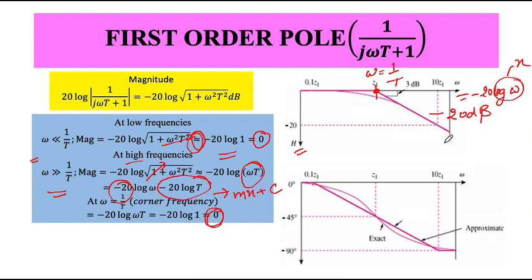I start at low frequency at 0 dB, and I continue at the higher frequency range, going down at minus 20 dB per decade. The plot can be approximated by two lines: one is this asymptote and the second is this asymptote, and these two meet at the point where omega equals 1 by t, which is the corner frequency.